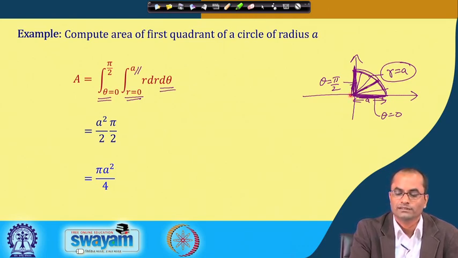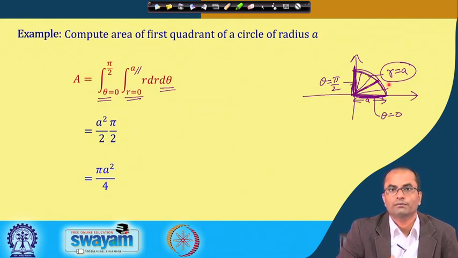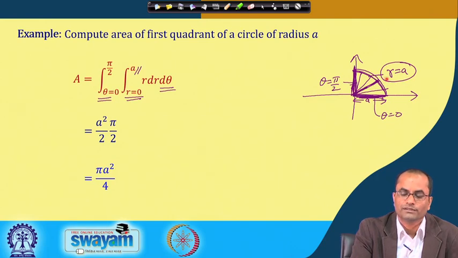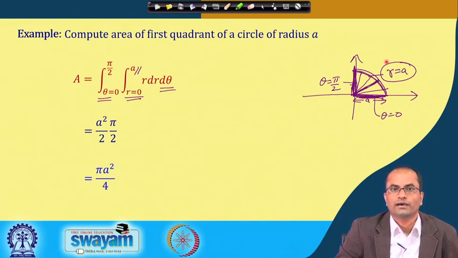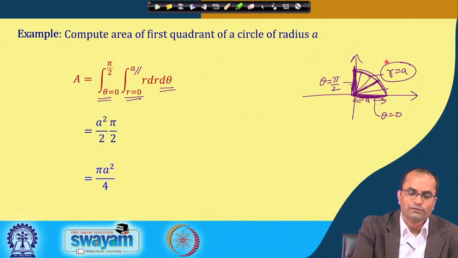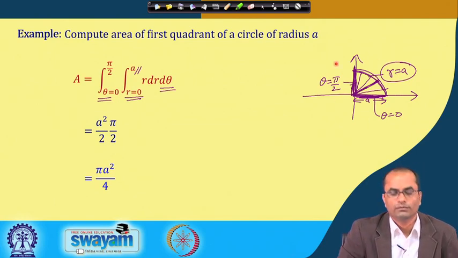So, to cover this region we just go from r equal to 0 to r equal to a, but in Cartesian coordinates this will be x square plus y square equal to a square. So, we first have to compute the limit of x or y accordingly, getting the square root of a square minus x square or y square. So, that will make the integral a bit complicated.